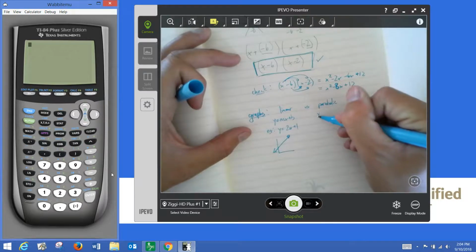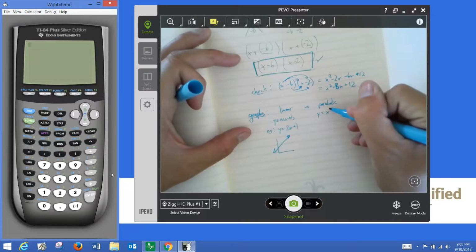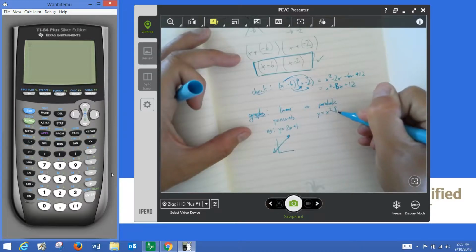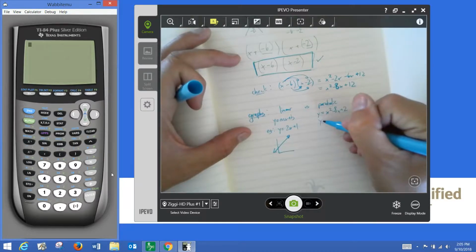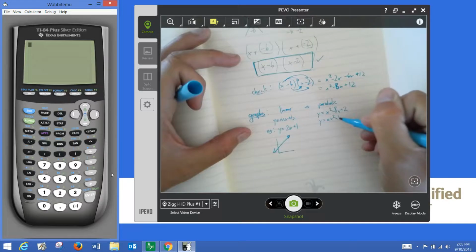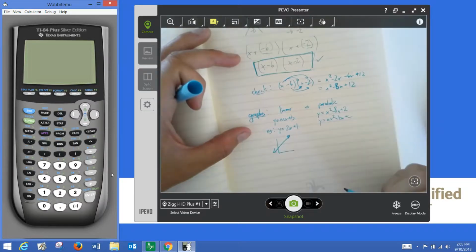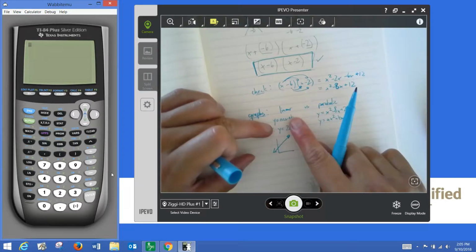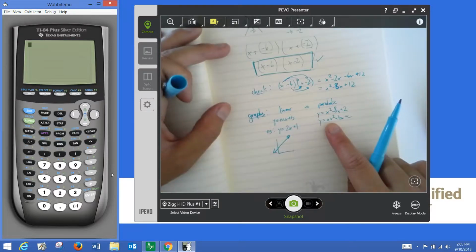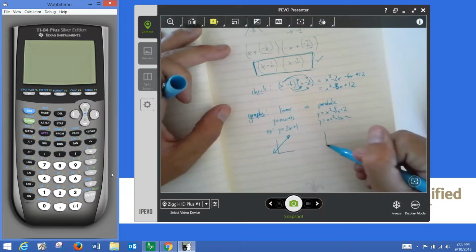When you graph y is equal to x squared minus 8x plus 12, or otherwise y is equal to ax squared plus bx plus c, in the same way that you graphed y equals mx plus b before, the graph's going to look kind of weird.